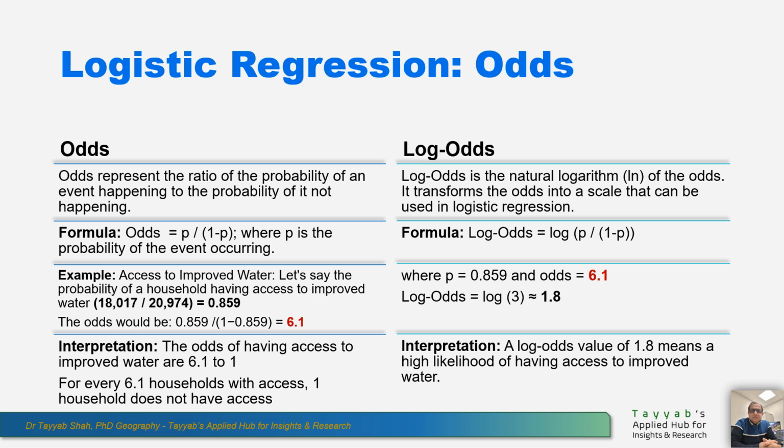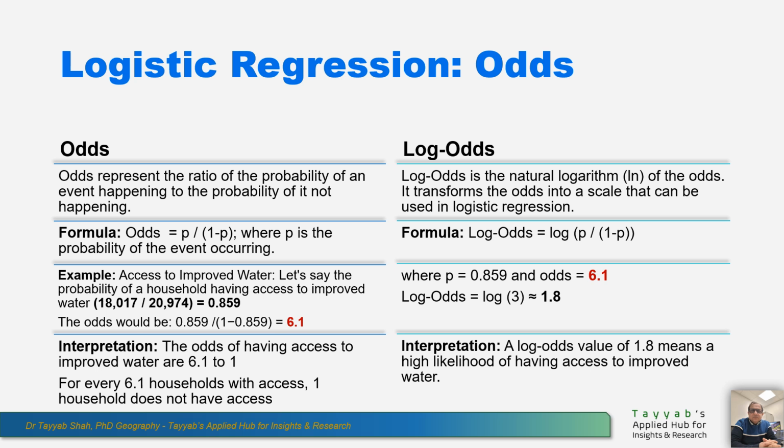So we have about 0.859. This is the ratio between them, and this is the probability p. To calculate the odds, we take p divided by 1 minus p. You can see the calculation gives 6.1. So this 6.1 is the odds.